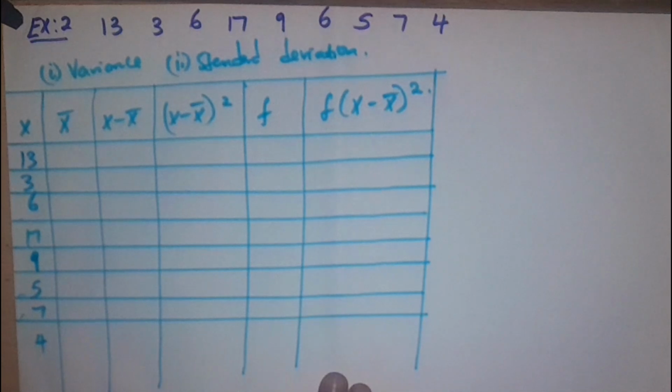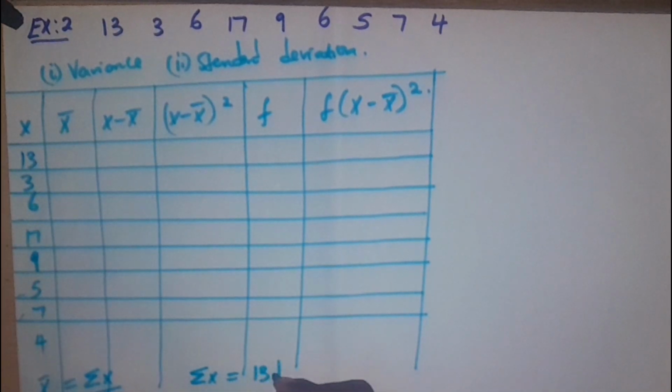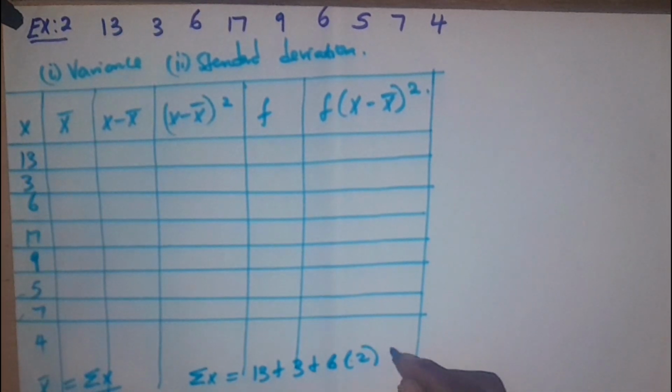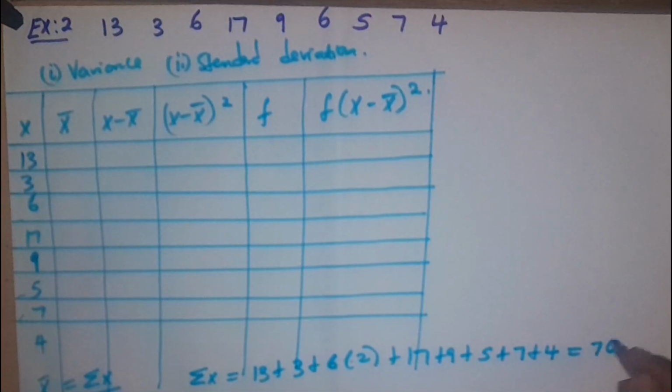And then for the mean, how are we going to calculate it? We know that the mean is equal to the summation of all data points over n. So our data points here are 13 plus 3 plus 6 times 2 plus 17 plus 9 plus 5 plus 7 plus 4. Therefore, our total value here is 70.